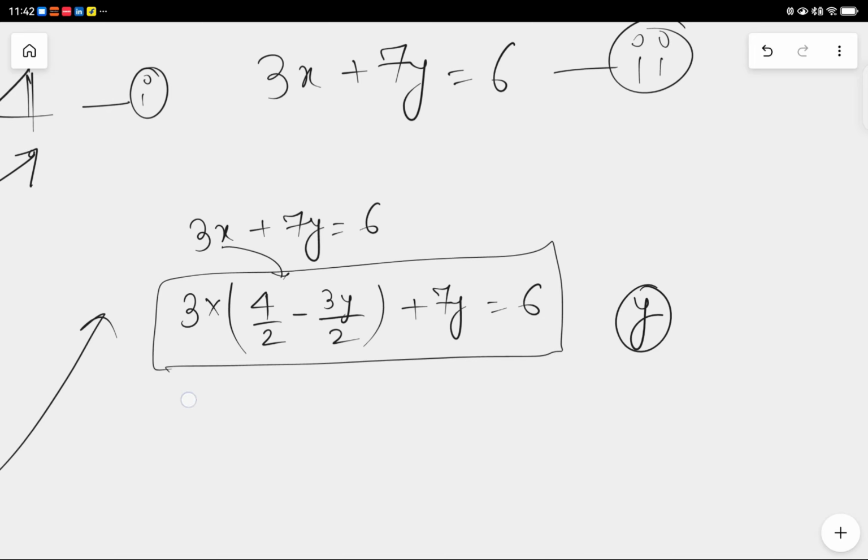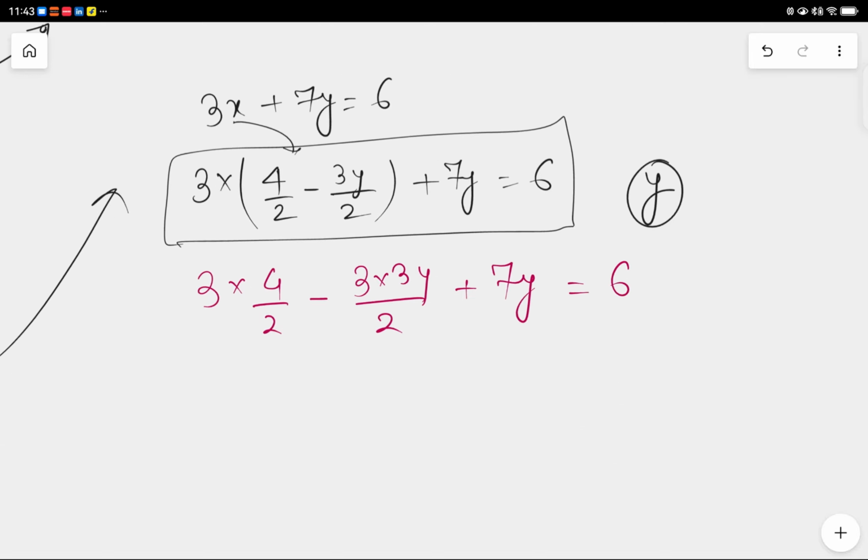So here it will be 3 multiplied by 4 by 2, minus, and when it gets multiplied, the minus remains, 3 multiplied by 3y divided by 2, plus 7y equal to 6. 2 2s are 4, so this becomes 6 minus 9y by 2 plus 7y equal to 6.